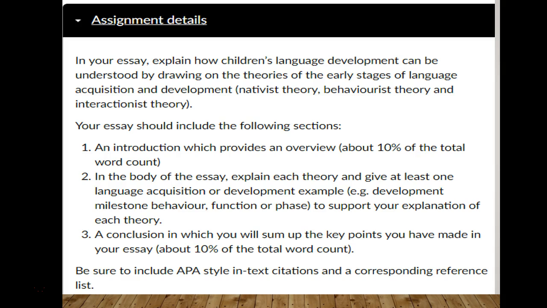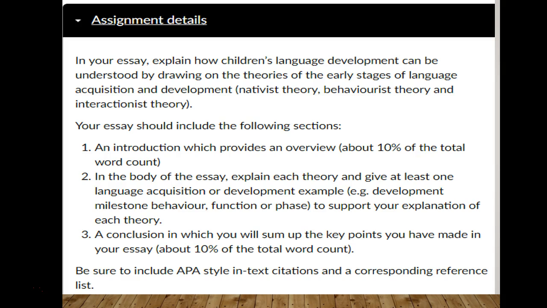So here are our assignment details. In your essay, you're going to explain how children's language development can be understood by drawing on these theories of early stages of language acquisition and development. So make sure that your essay includes an introduction, which provides an overview. This is about 10% of your total word count.